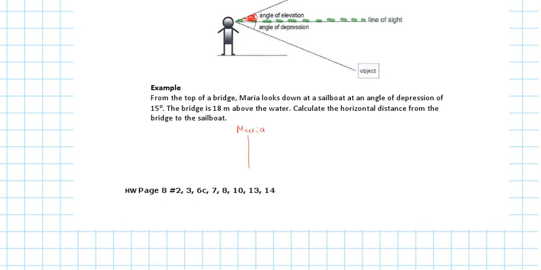And Maria sees a sailboat, and the sailboat is right here. I'm trying to figure out how far the sailboat is from the bottom of the bridge. Now Maria is looking down, and the angle of depression is 15 degrees. So obviously I'm going to have a triangle here, right?